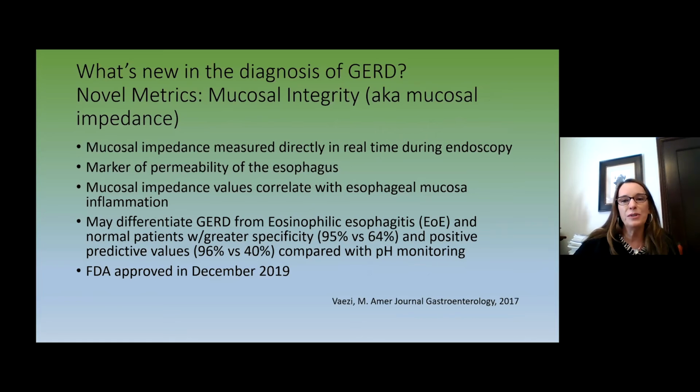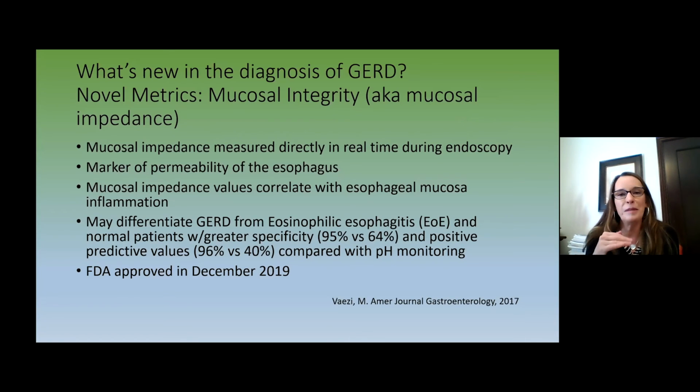There's one new novel approach to diagnosing that was approved in 2019, and it's called mucosal impedance. And this is done in real time during endoscopy, where the endoscopist puts two sensors on the mucosal lining of the esophagus, and they measure how permeable the tissue is.